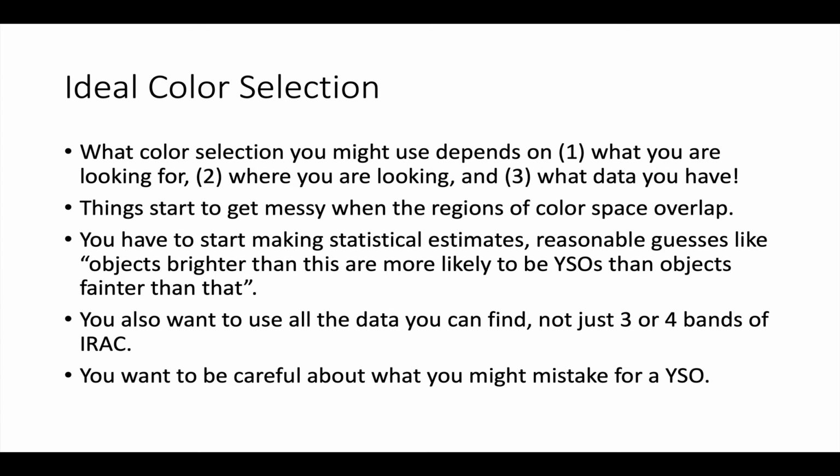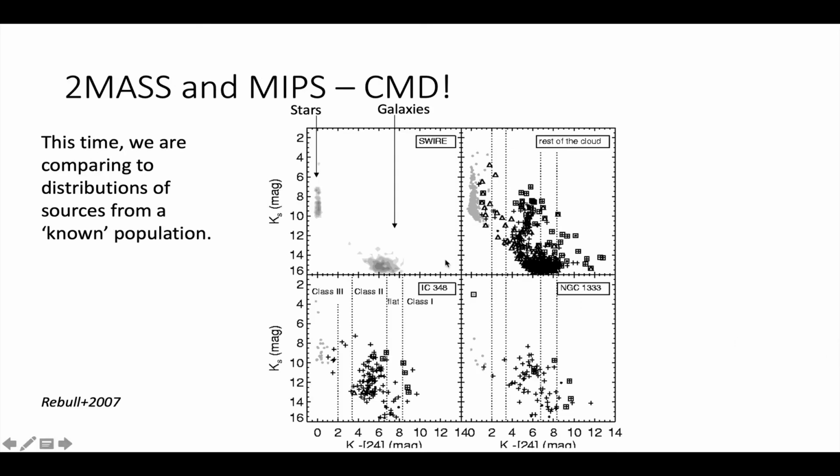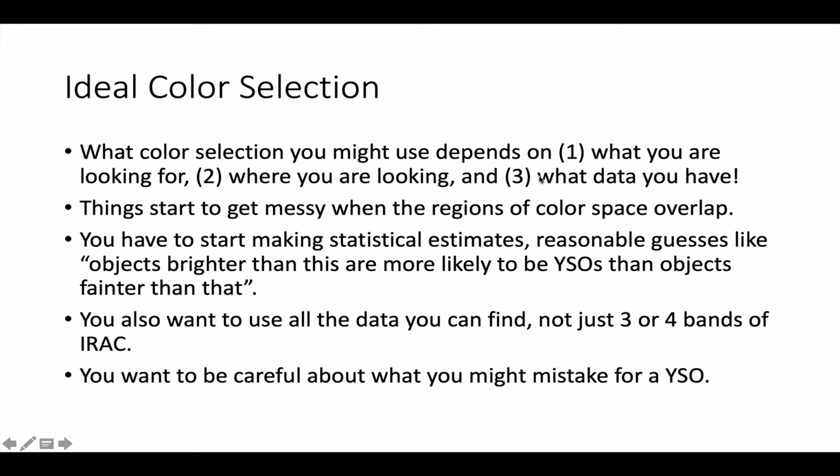Things start to get really messy because the regions of color space do overlap, so you have to make educated guesses. You have to say objects brighter than this are more likely to be young stars than fainter objects. Over here, objects that are fainter are more likely to be galaxies than objects that are bright and red. You also have to use all the data that you can find, not just a couple of bands, and you want to be careful about what might fool you.